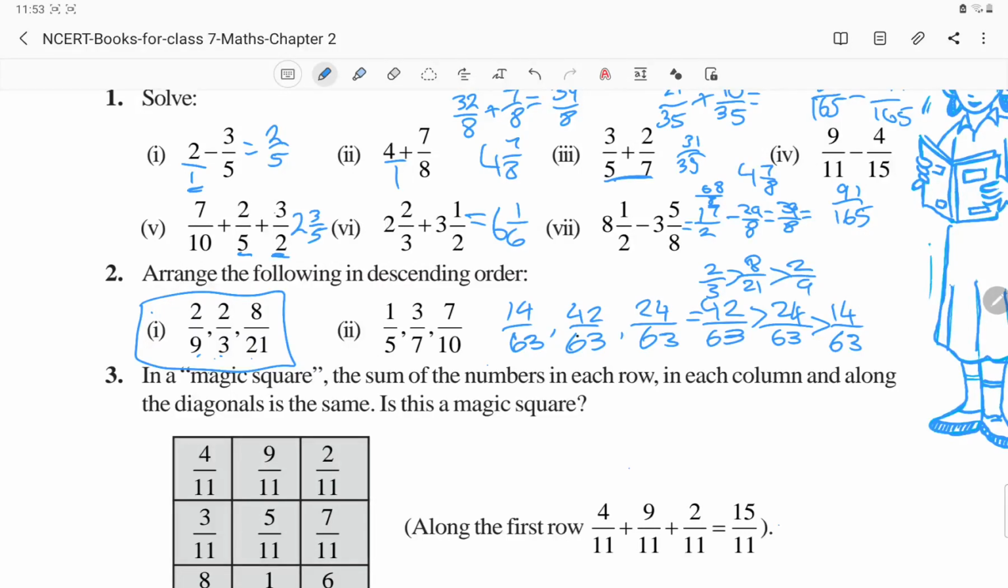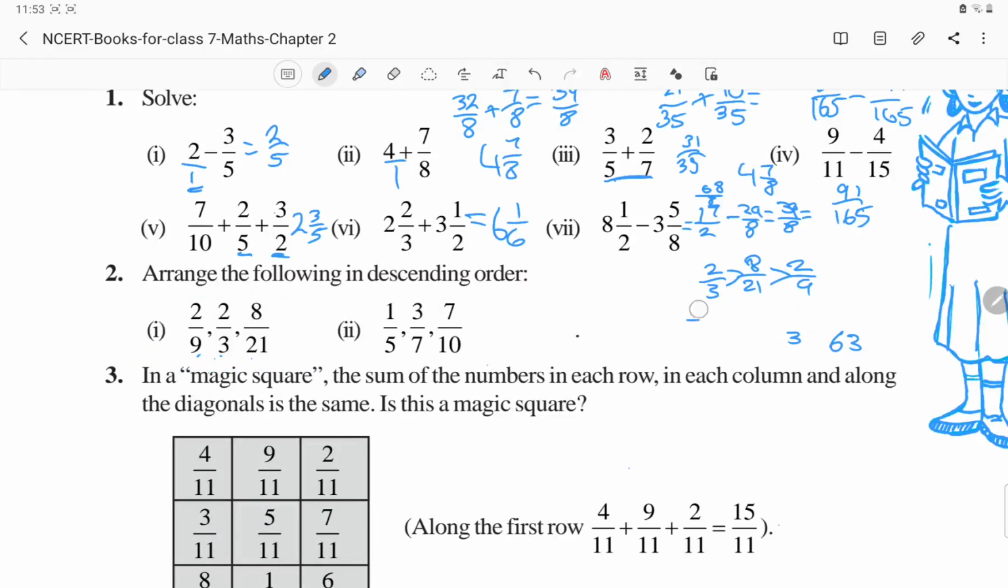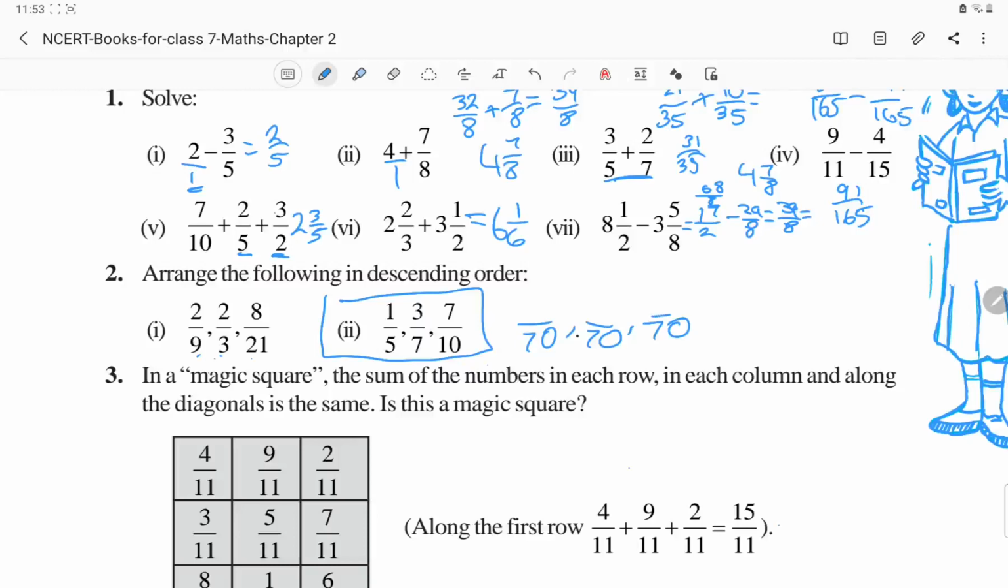That is that. Now we're going to do the last one, and then this lesson will end right there. So this one, 1 by 5, 3 by 7, 7 by 10. Common denominator, 70. I think that's quite obvious. So 70, 70, and 70.